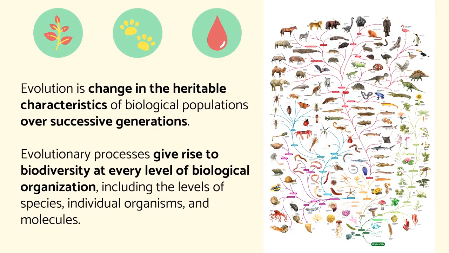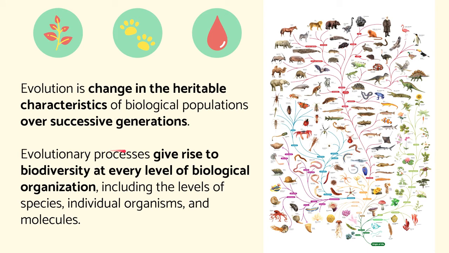Now, after watching all those videos, I hope that you will be able to arrive at the following central idea, that evolution is change in the heritable characteristics over successive generations. So, descent with modification, change in heritable characteristics of biological evolution.